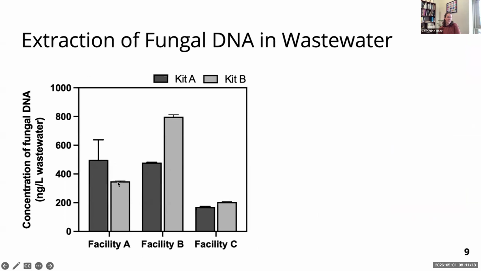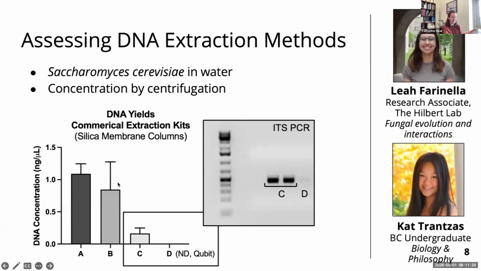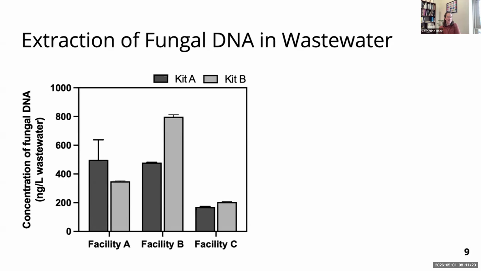So then moving on with those winners, kits A and B on the left here, we tested the 2 best performing kits with wastewater from 3 different facilities in the greater Boston area. Again, 24-hour composite influent samples using centrifugation for concentration.